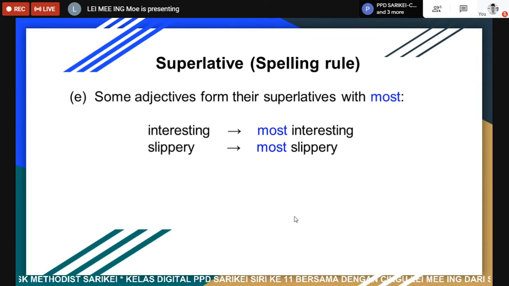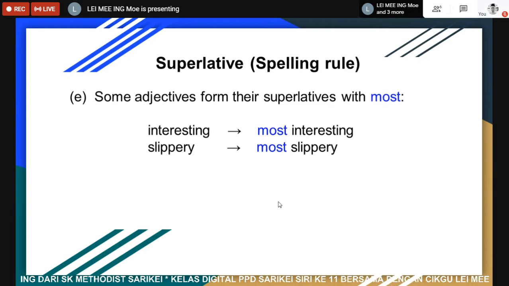The third rule, when your adjective ends with an E, you add st. Rule number 4, when your adjective ends with a Y, you drop the Y, you add IEST. And rule number 5, this one, you use most. Right? So clear?